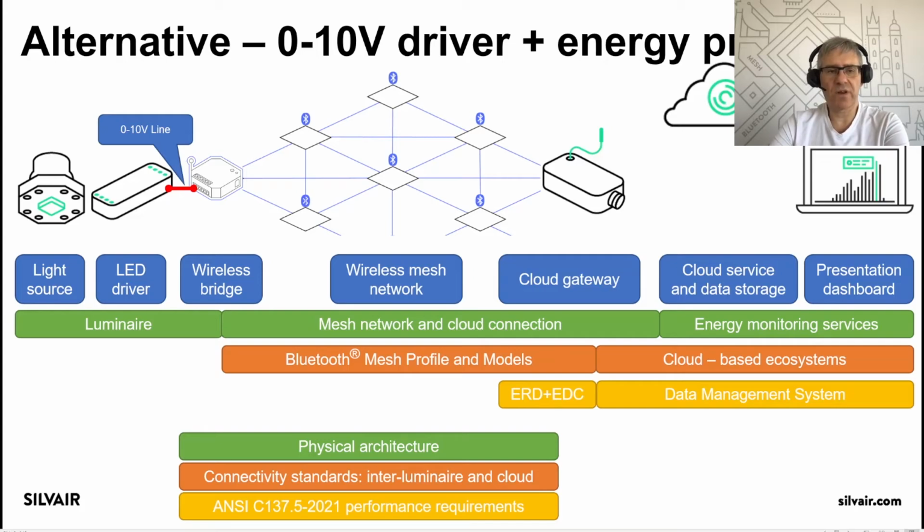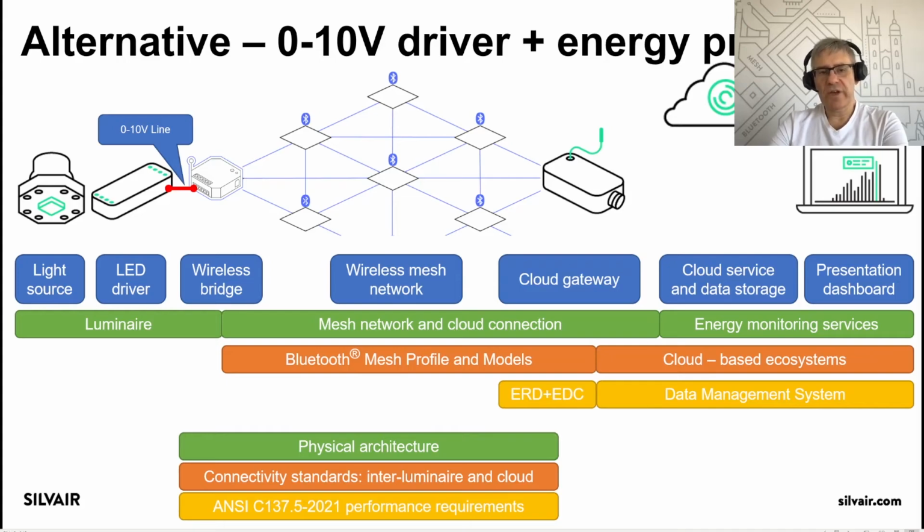And as you may know, this connection is in one direction. So the wireless bridge is a device that outputs 0 to 10 volts and controls the driver over this 0 to 10 line. It can only command the driver over that line.